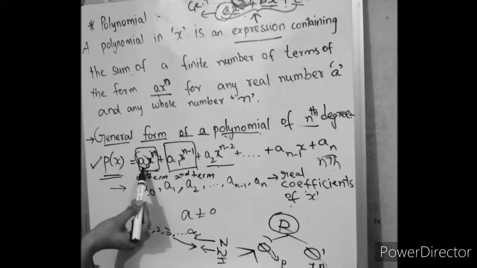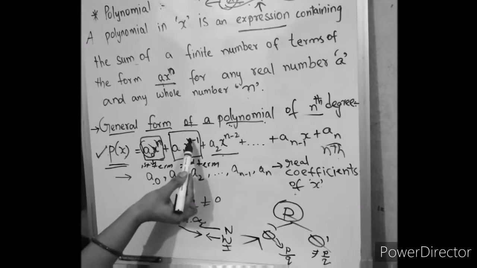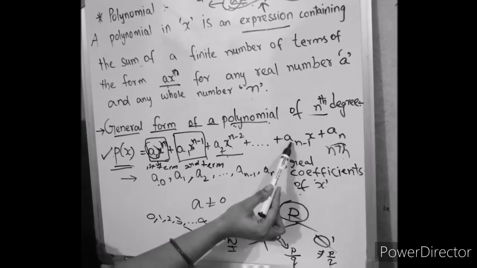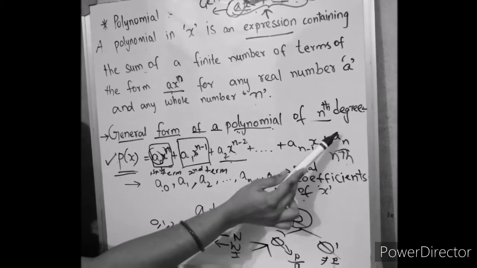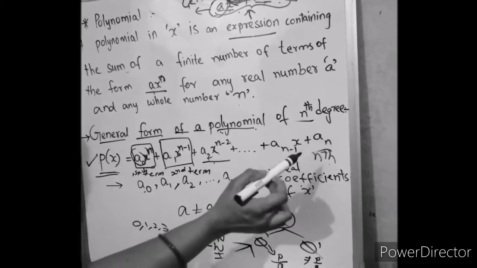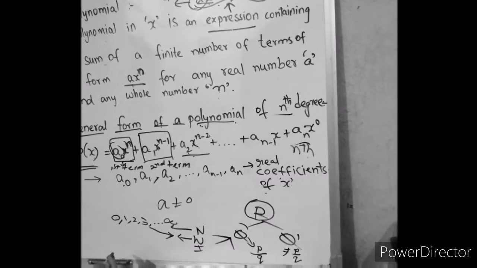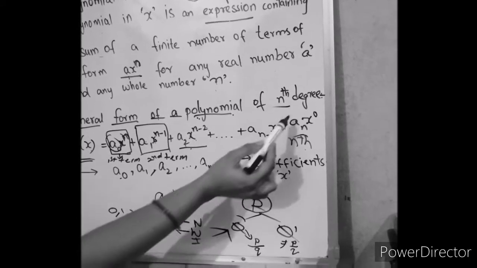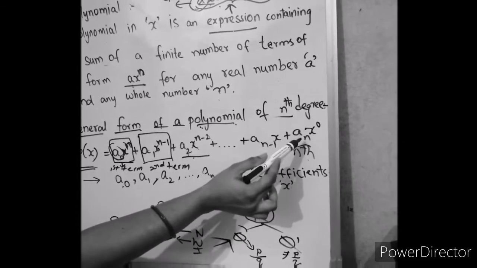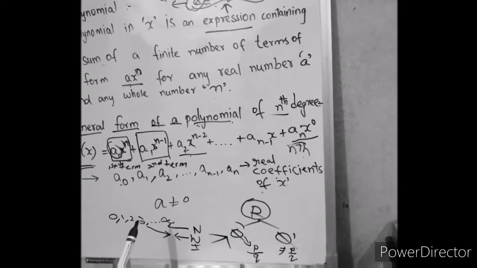We will call a1 the coefficient of x power n minus 1, a2 the coefficient of x power n minus 2, an minus 1 the coefficient of x, and an is called a constant because the x term is not there, but I can write it as x power 0. X power 0 is nothing but 1. Therefore an into x power 0 is nothing but an only.